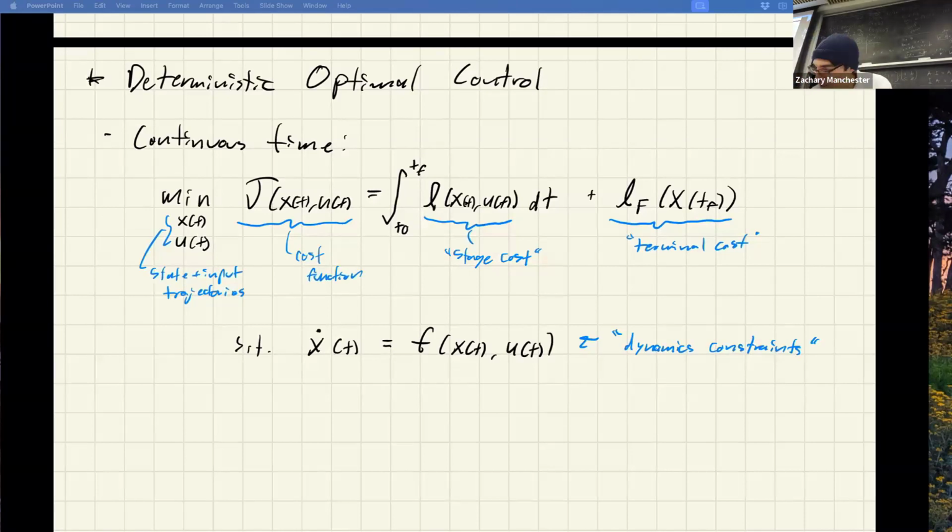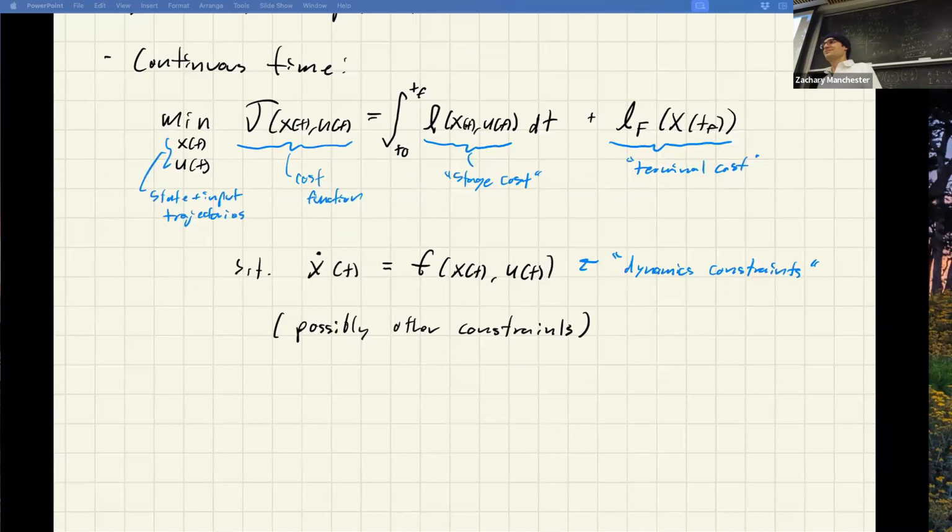And then possibly other constraints. We have these dynamics constraints always, which are equalities. We have a cost function that we're minimizing, and then we might have other constraints like torque limits, joint limits, obstacles, all that other good stuff, which could be equalities or inequalities.